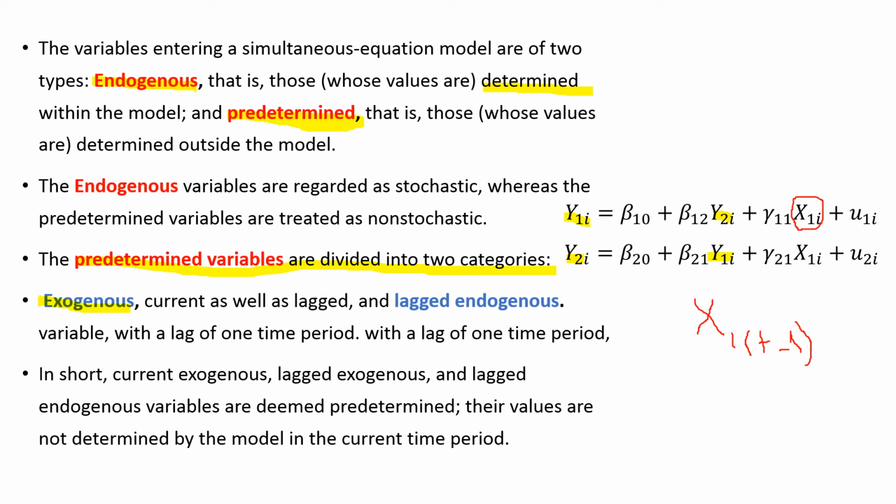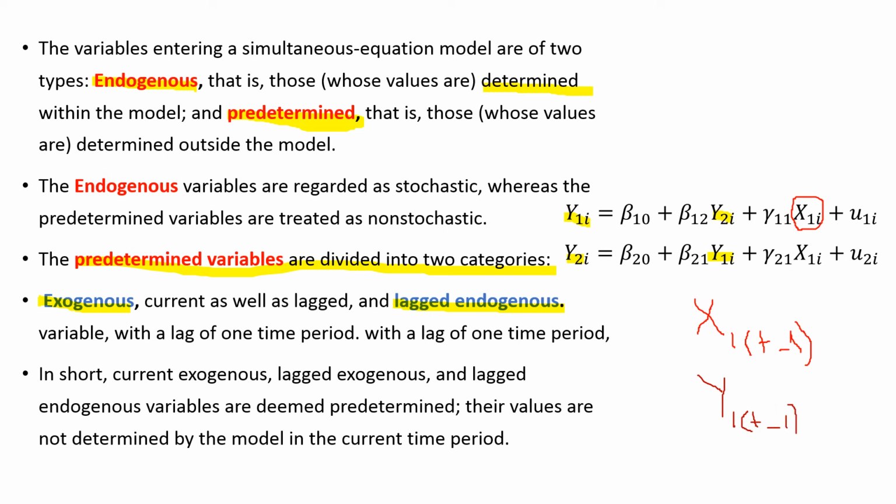And the predetermined variable can also be lagged endogenous. What do we mean by lagged endogenous? Instead of x1 at t minus 1 as an explanatory variable, we may use y1 at t minus 1 as an explanatory variable.